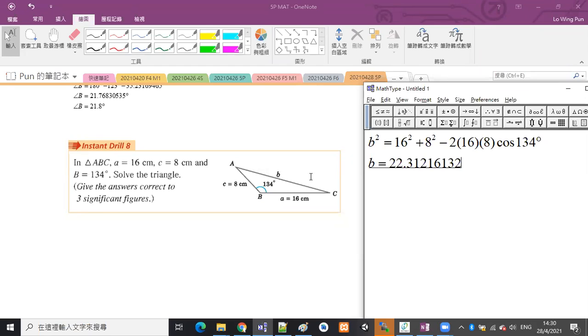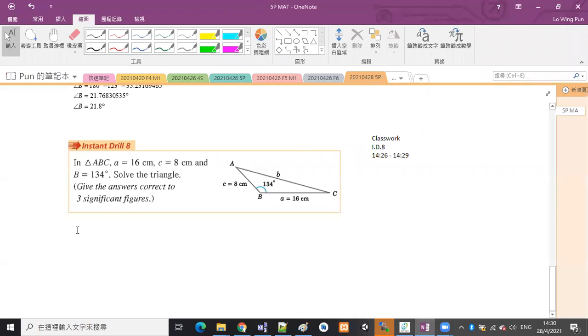When you correct to 3 SF, it should be 22.3, and we have a unit cm here. So this is the first length.